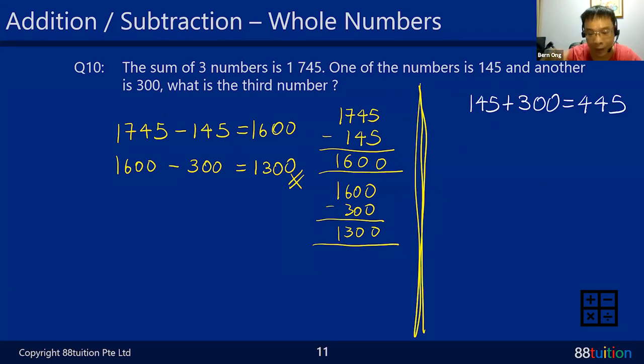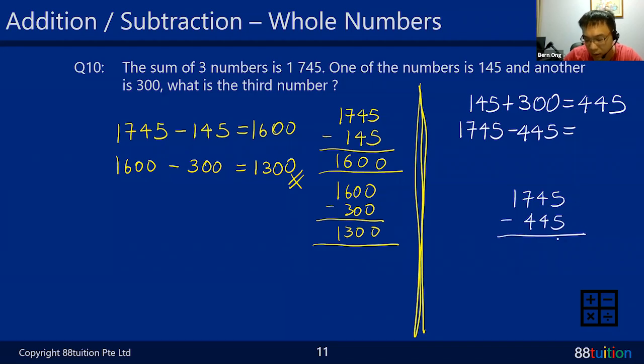Then you minus 1 time. You take 1745 and less out your 445. So you plus first, then you less out 1 time. Sometimes I will do that because I don't like to minus 2 often. Minus is very dangerous. And down here, I will still get 1300. You still get 1300. It's okay.